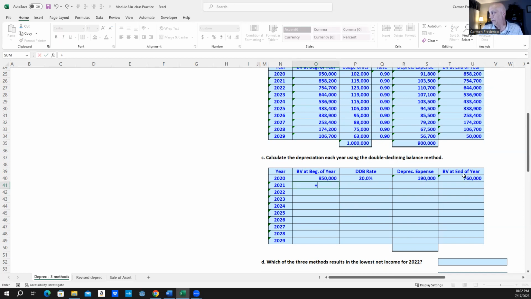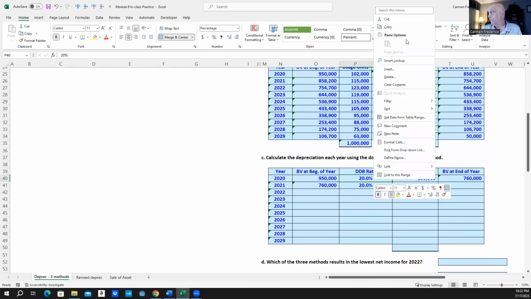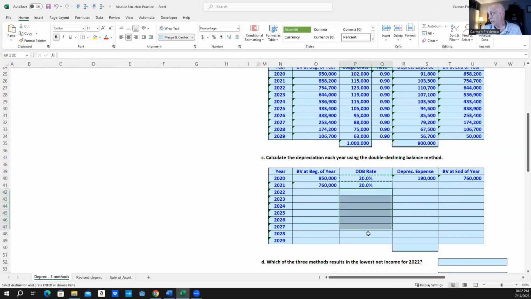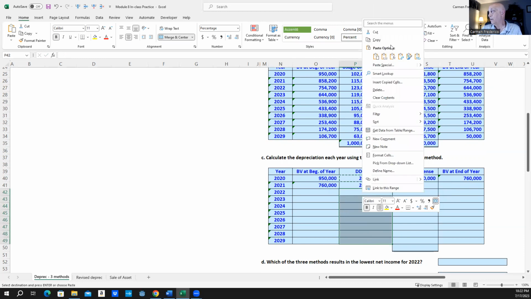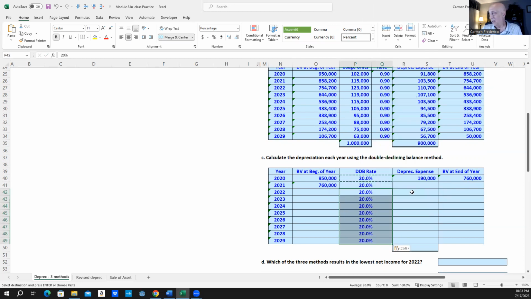Again, we have the ending book value as the beginning book value for year two. Still at the 20% rate. Again, it's used for the whole life. So if we just copy and paste it all the way down, it's always 20%. Boom. Till you get to the last year, I'll show you.